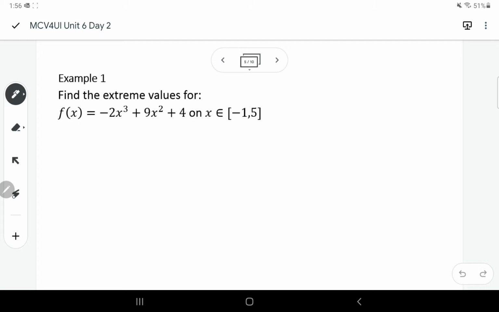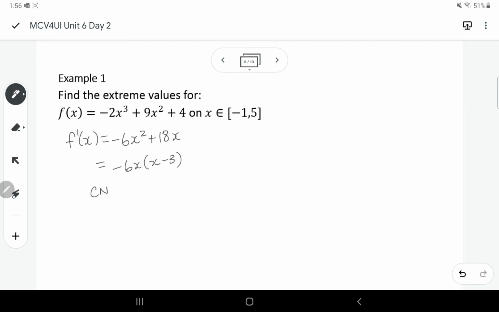So for this one, we've got f of x equals negative 2x cubed plus 9x squared plus 4. So we want to find our derivative. That's negative 6x squared plus 18x, and find where the derivative equals 0. This is why we were factoring so much in our previous derivative work.